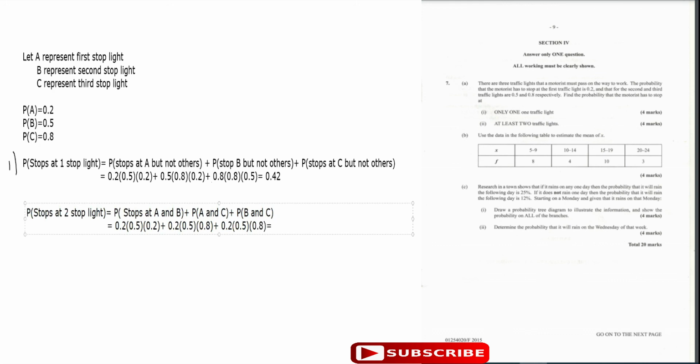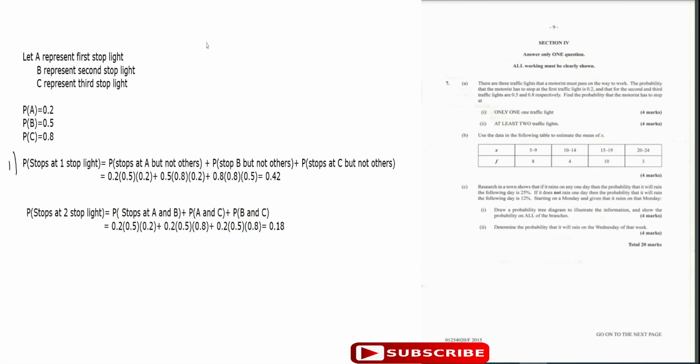That works out to be 0.18. So there's an 18% chance he's going to stop at two stoplights.